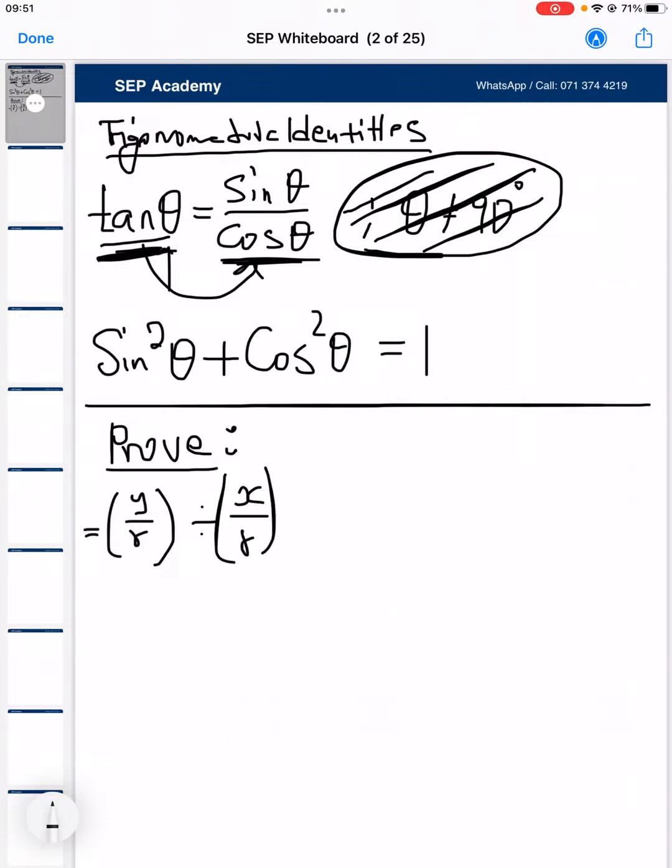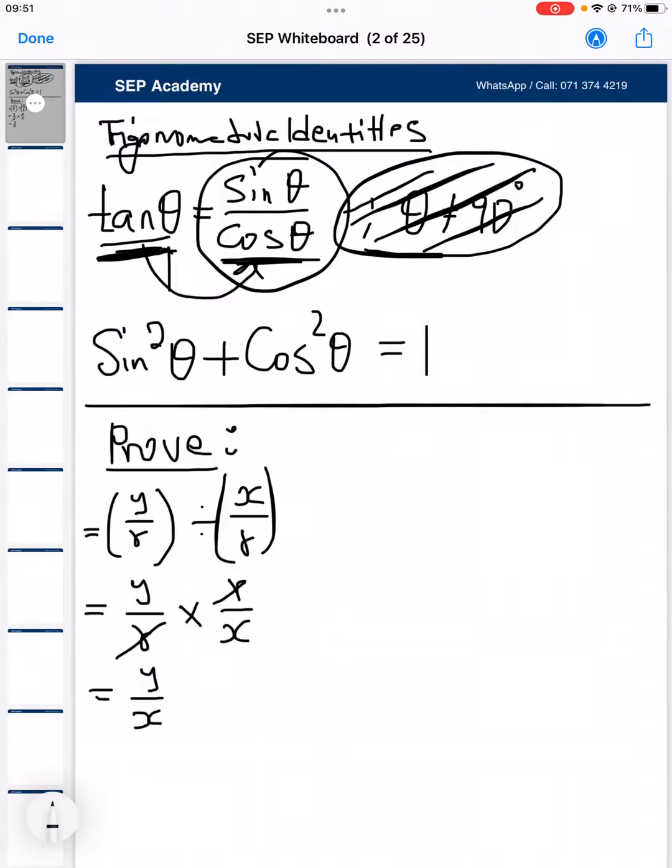So I've just done this part. And then we do know very well that in primary school it ends up being where you change that sign. After you change it, the r goes to the top and the x goes to the bottom, whereby this will cancel with that, and you end up having y over x.